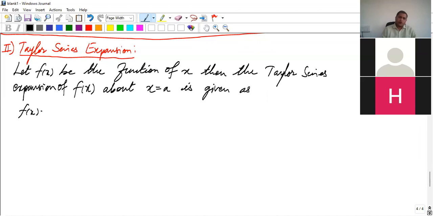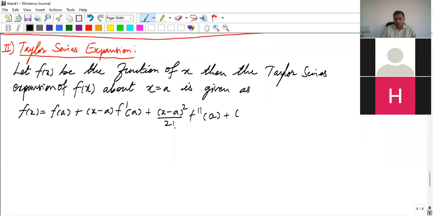So what we have: f of x is equal to f at a plus (x minus a) f dash at a plus (x minus a) squared by 2 factorial f double dash at a plus (x minus a) cubed by 3 factorial f triple dash at a plus so on.